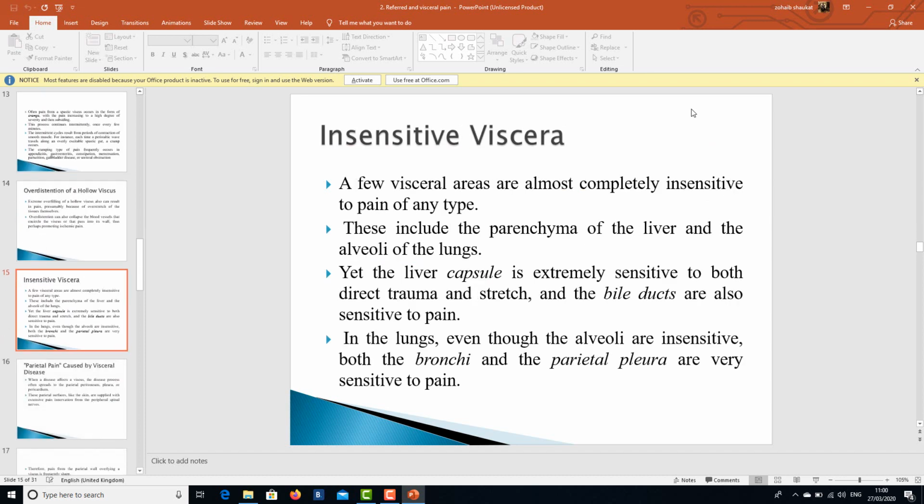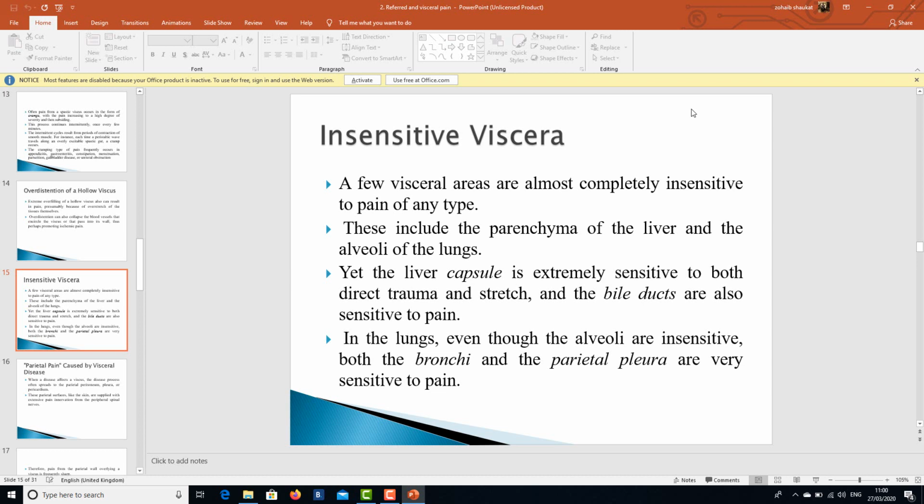Then we should be knowing about that we do have insensitive viscera. Now in our body there are some of the visceral areas which are completely insensitive to pain of any type, and they are like the parenchyma of liver, the alveoli of lungs. Yet the liver capsule is extremely sensitive to trauma, to stretch. Bile ducts, they are very sensitive.